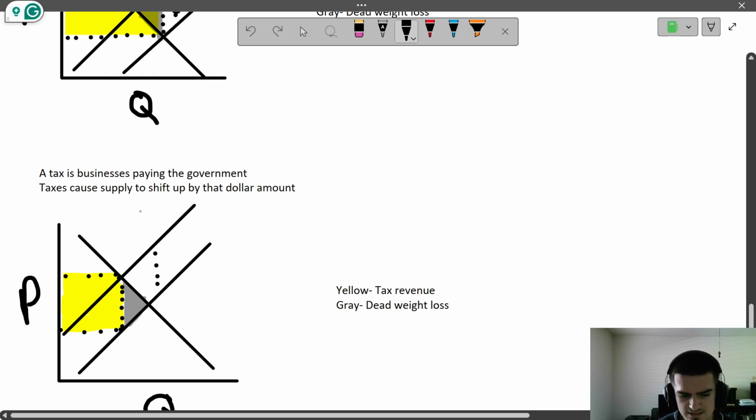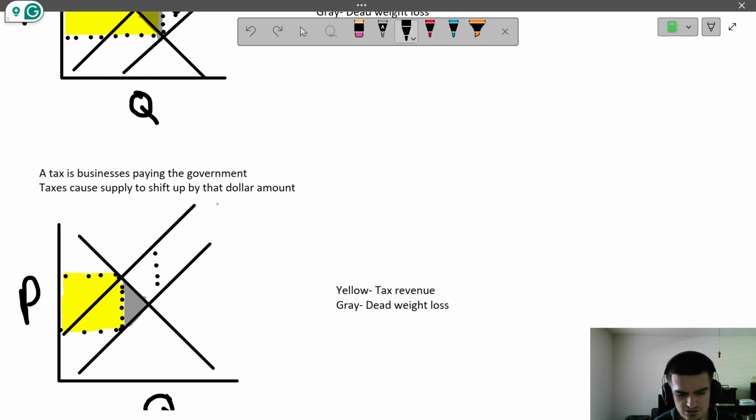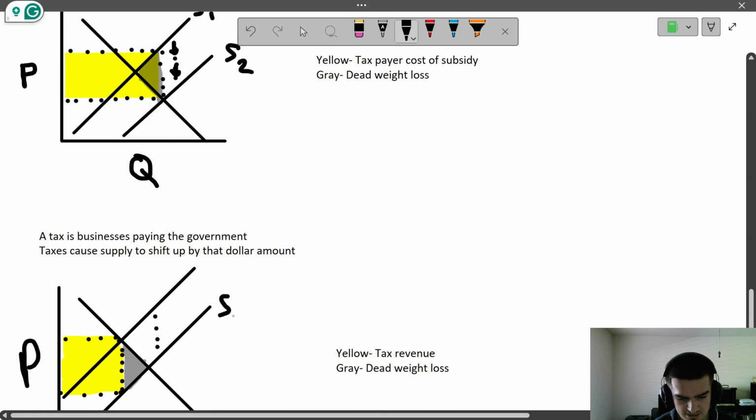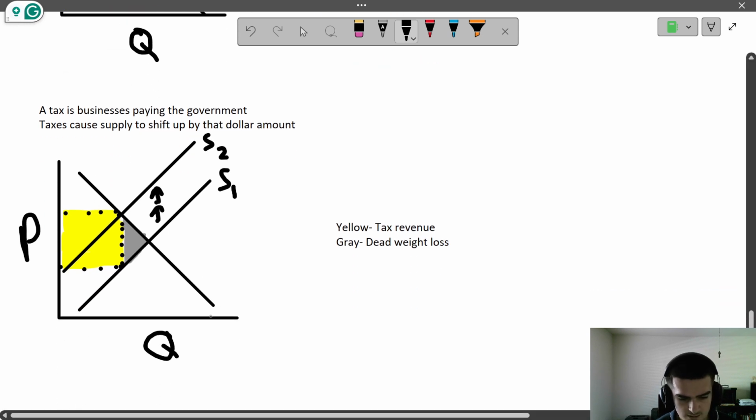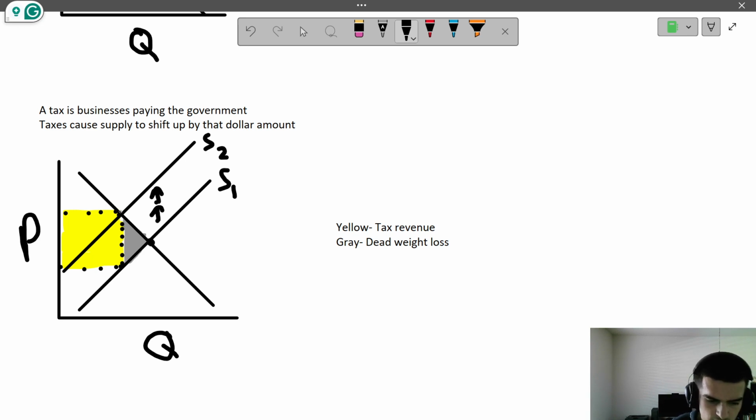A tax is a business paying the government. Tax shifts supply up by that dollar amount. And so you have your new quantity, old quantity. Your deadweight loss is this triangle.